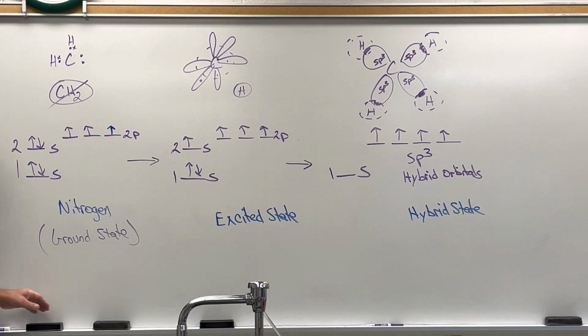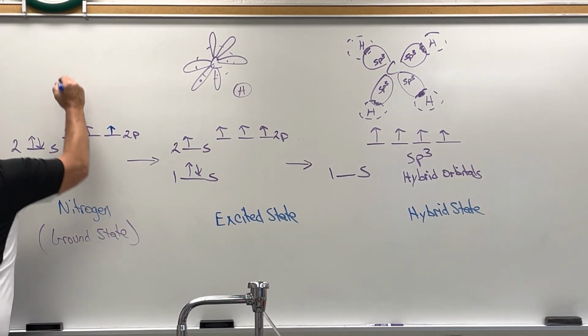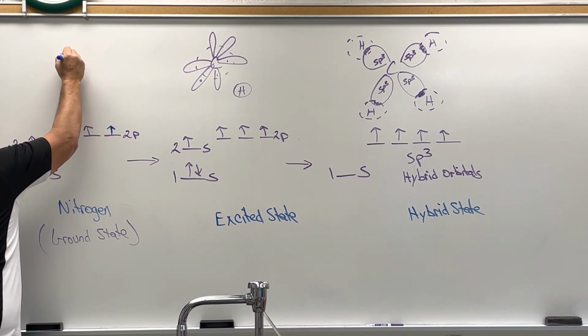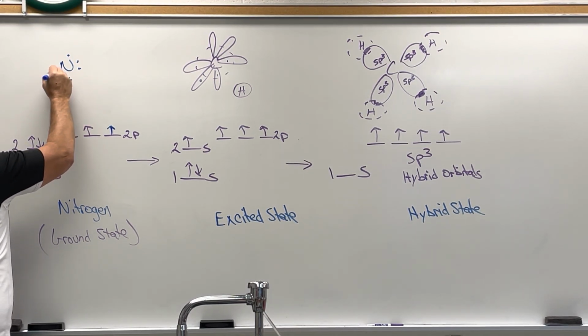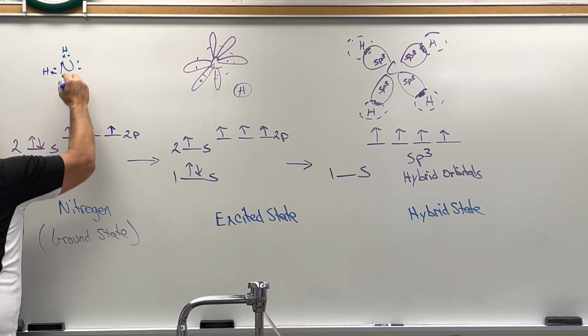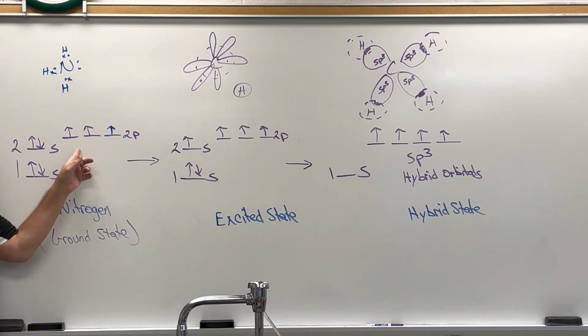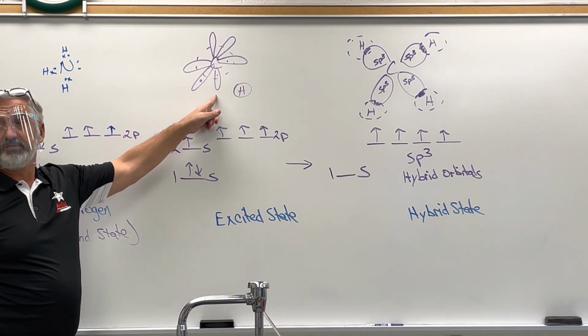Now it seems like NH3 is easy because we're going to draw the Lewis dot structure looking like this. It seems like the hydrogen could come in here, here, and here. But again, these are your p orbitals. Who remembers how the p orbitals are oriented to one another? What's the angle?